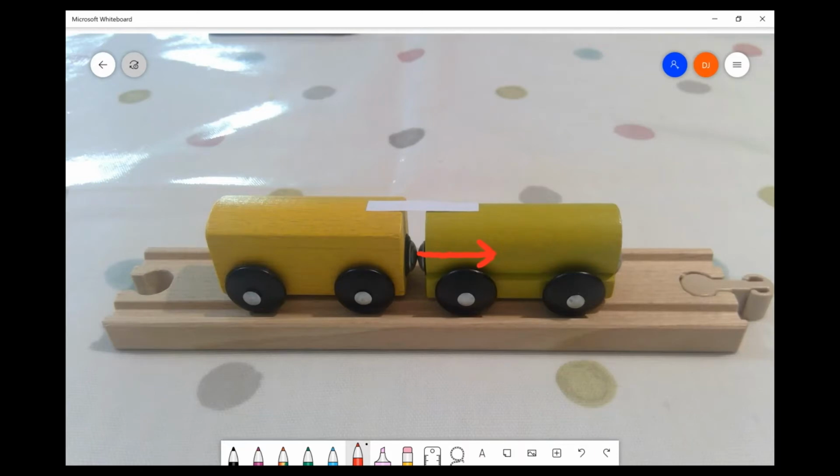The green carriage must exert an equal and opposite force on the yellow carriage, which is also a magnetic force. That's Newton's third law. And that's why when the label loses its stick, the two carriages spring apart because of those two forces acting on the two carriages.